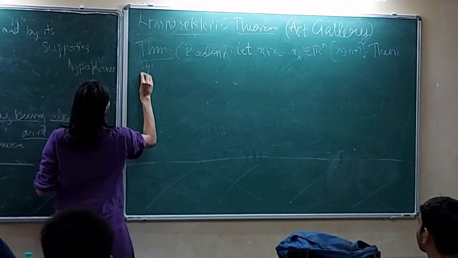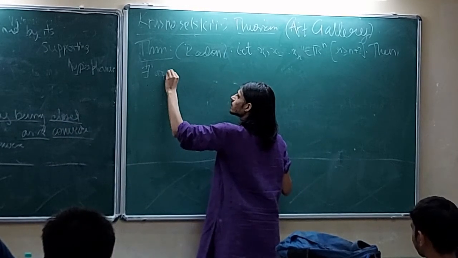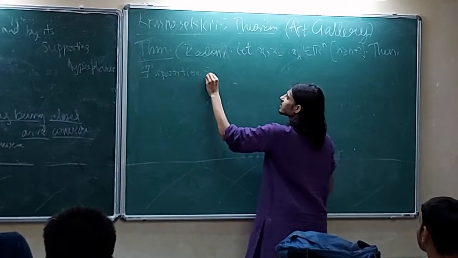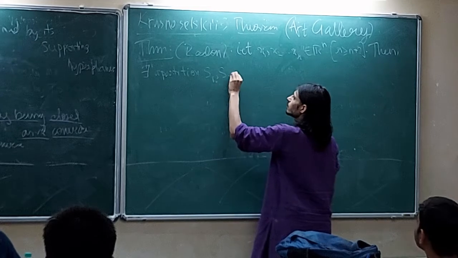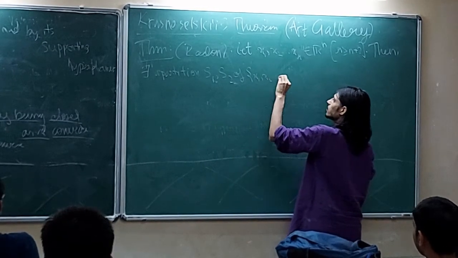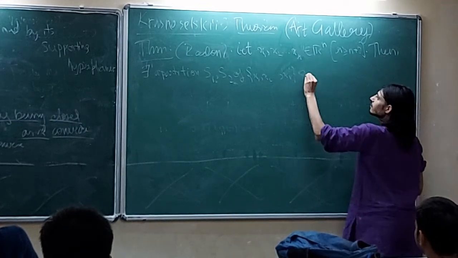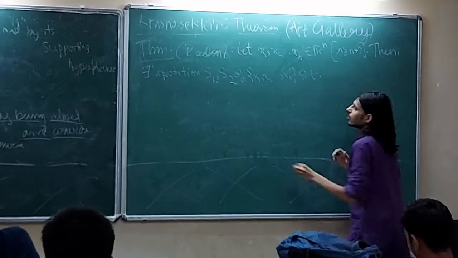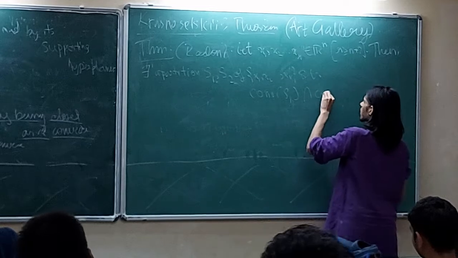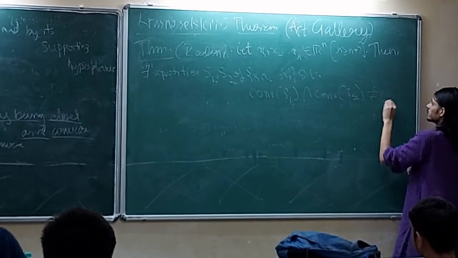So then there exists a partition S1 and S2 of this set such that conv of S1 intersection conv of S2 is a non-empty set.